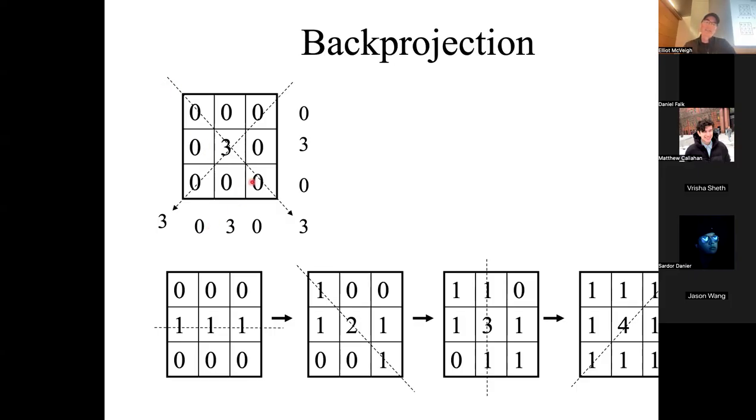Okay, this one goes next. And we'll say, we're going to project everybody back this way equally, right? So I go through here and I say, well, I have a 3. How can I distribute the 3 equally? Well, I'll put a 1, a 1, and a 1 here. I've already got a 1 in this box, so that becomes a 1, 2, 1, right? Just to add it on there.